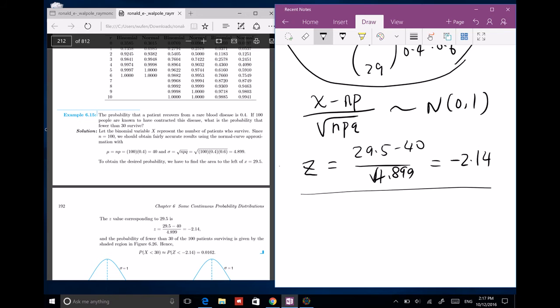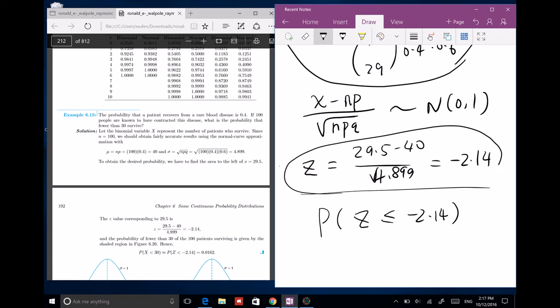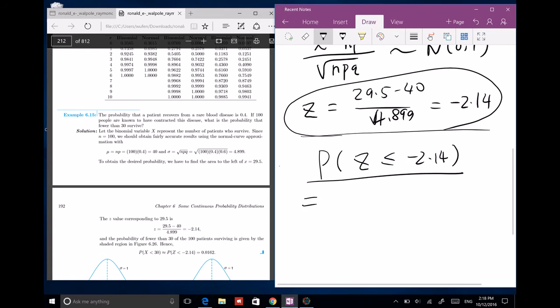You see, this is much simpler. You just have a one step calculation, and then you can use the distribution table to find the probability value for z less than or equal to negative 2.14, which is 0.0162.